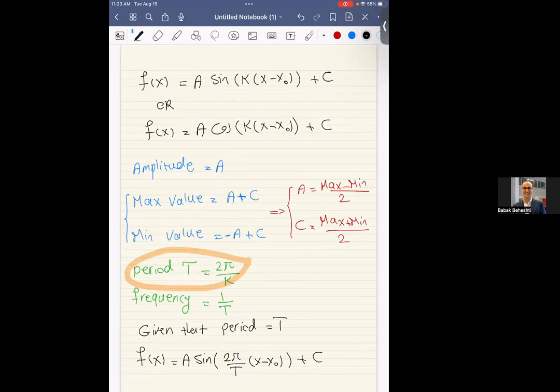So if the period is given, that means f of x is a times sine of 2 pi over T x, and then plus c, and whatever. So it follows from this equation. I can write here, T is 2 pi over k, so therefore, k is 2 pi over T.